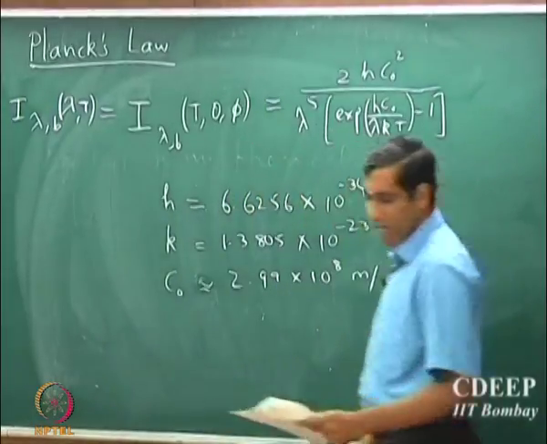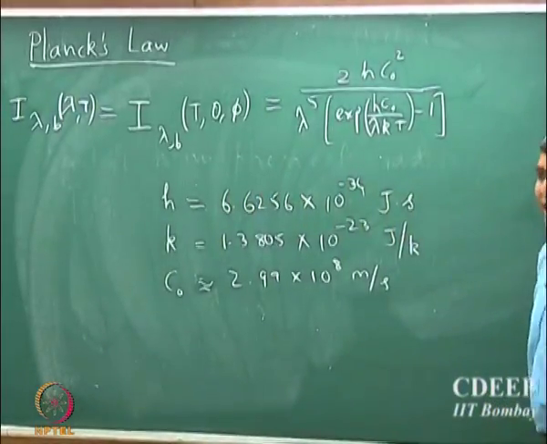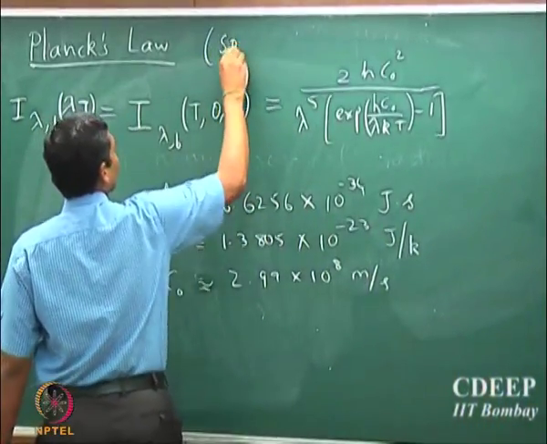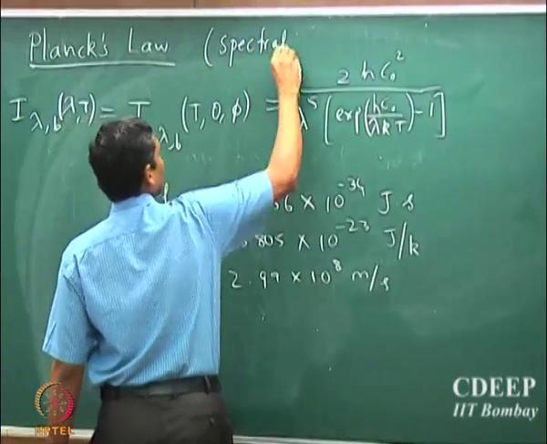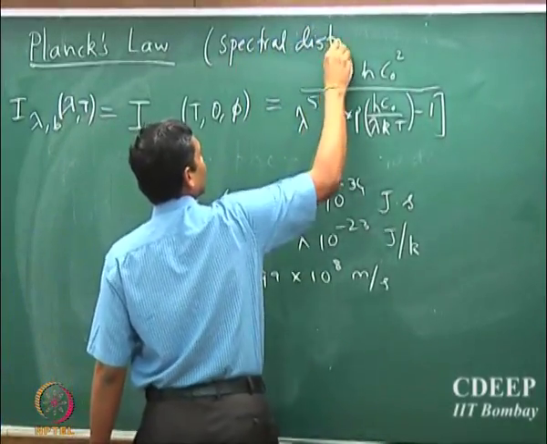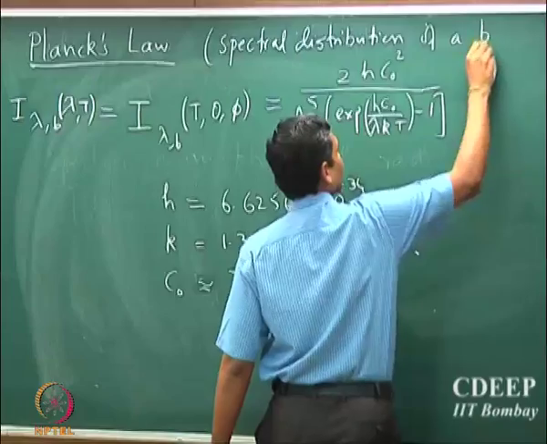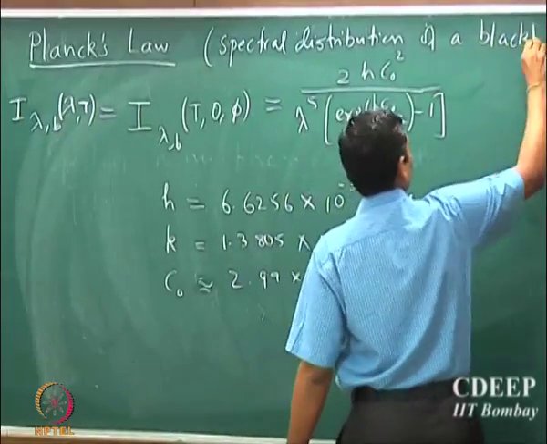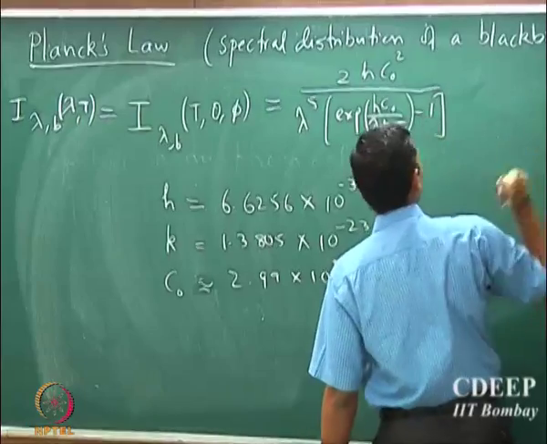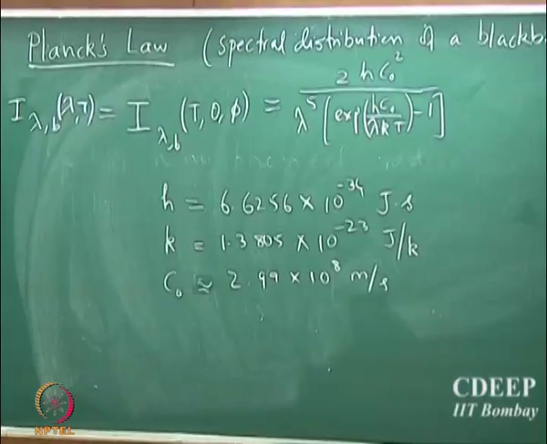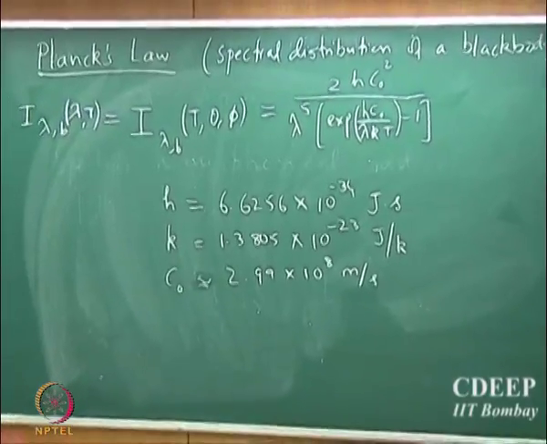This actually comes from the electromagnetic wave theory. This is called the spectral distribution. What it captures is the spectral distribution of intensity of radiation that is emitted by a black body.